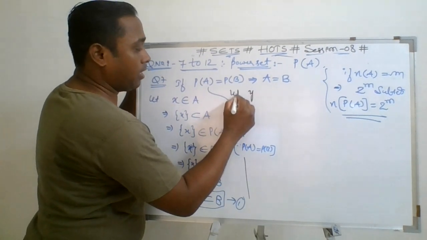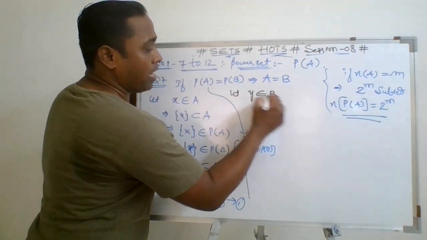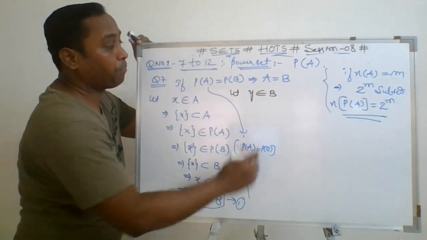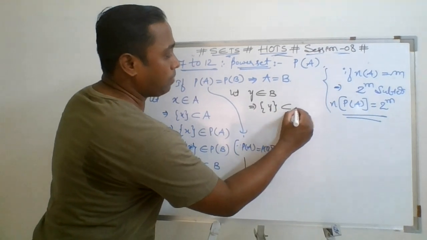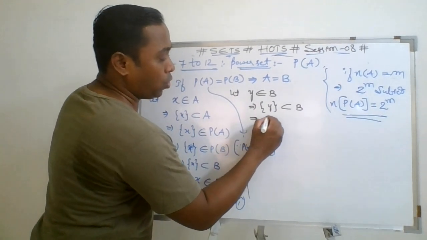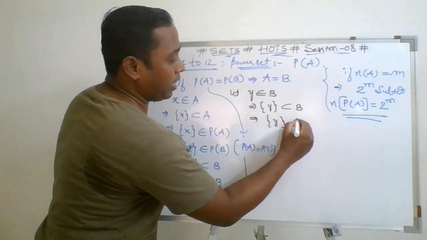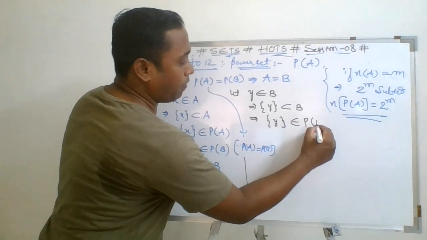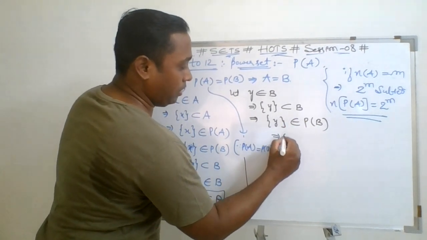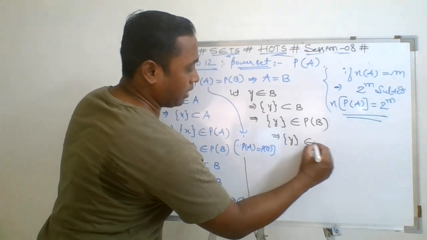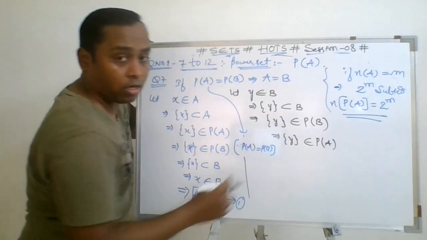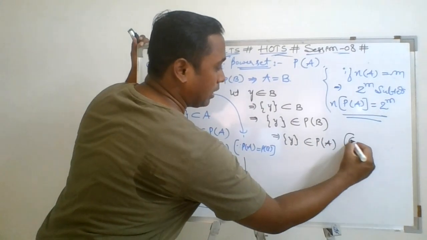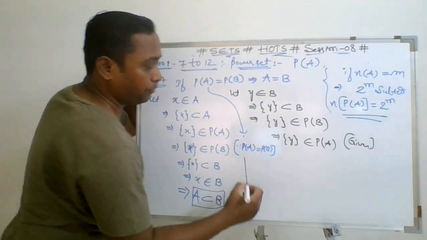Y, let another element Y belongs to B. I will start with B, I will end with A, which implies that set Y is a subset of B, which also implies that set Y belongs to power set of B, which implies that set Y belongs to P of A also, because these two are equal, which is given.